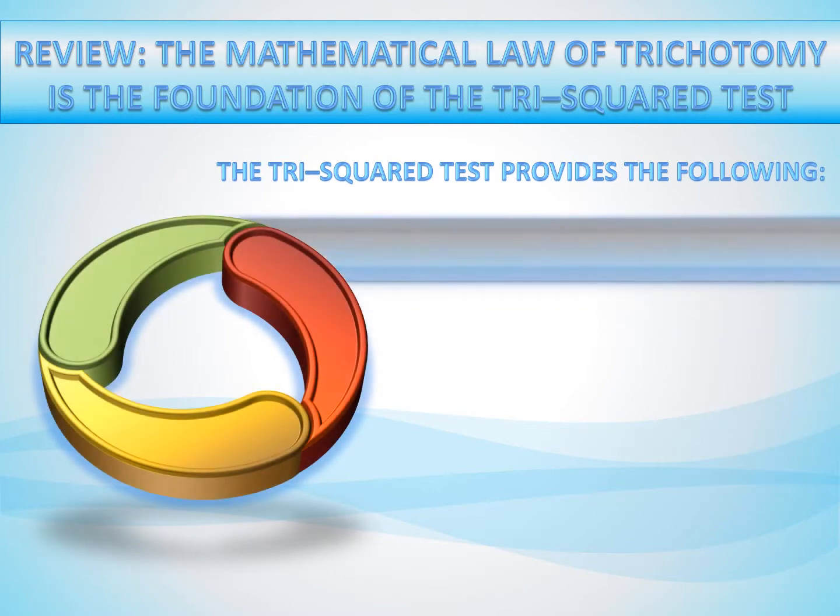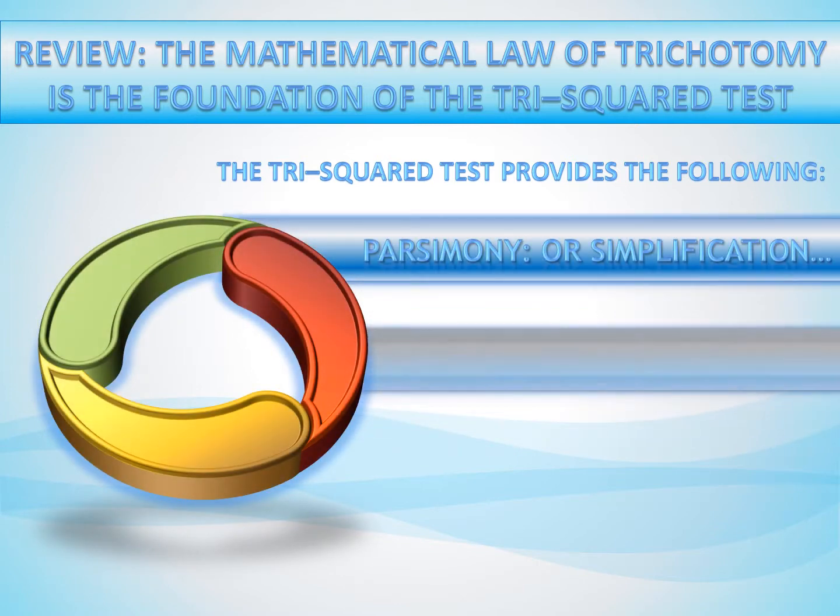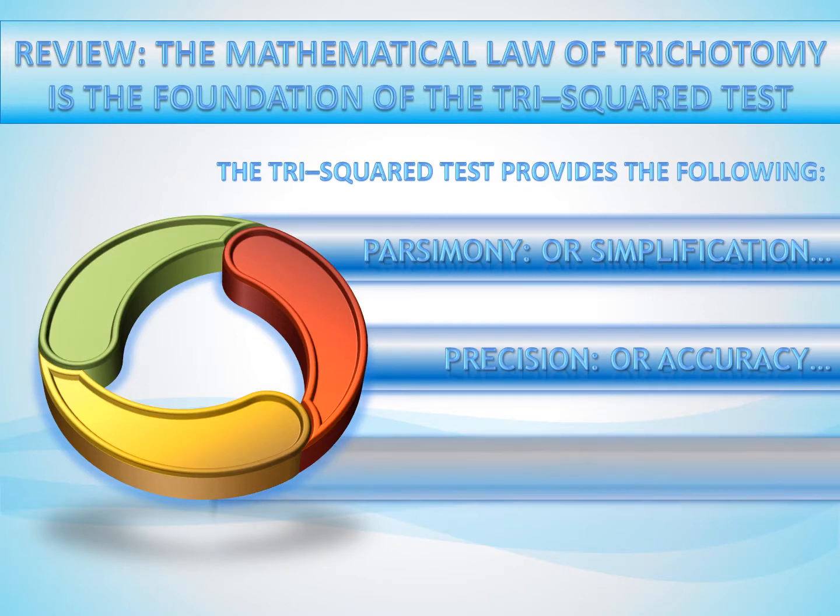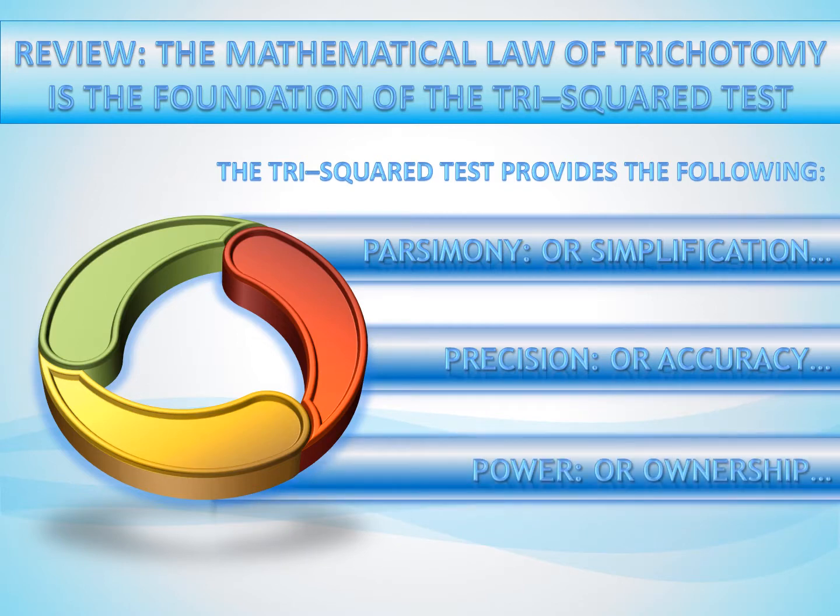The mathematical law of trichotomy is the foundation of the tri-squared test. And let's review that now. The tri-squared test provides the following: parsimony or simplification, precision or accuracy, and power or ownership.